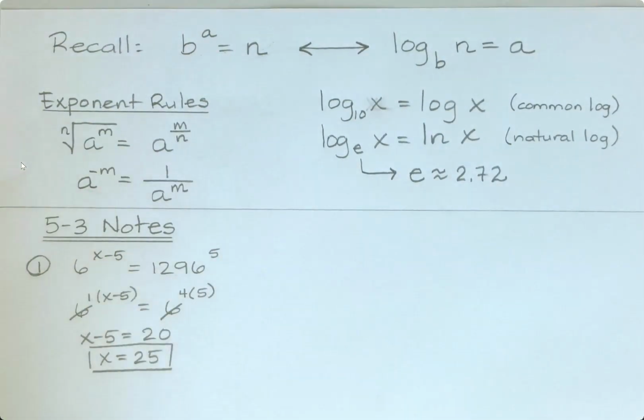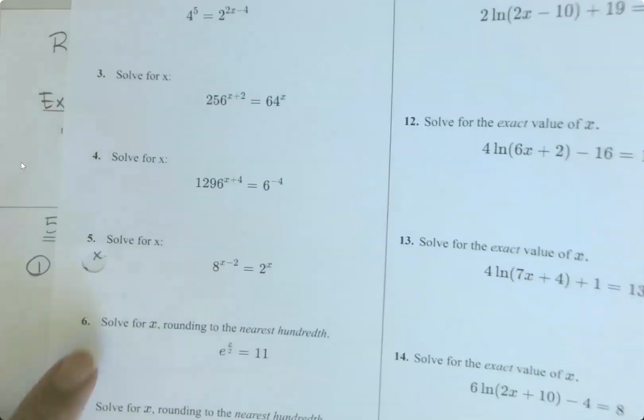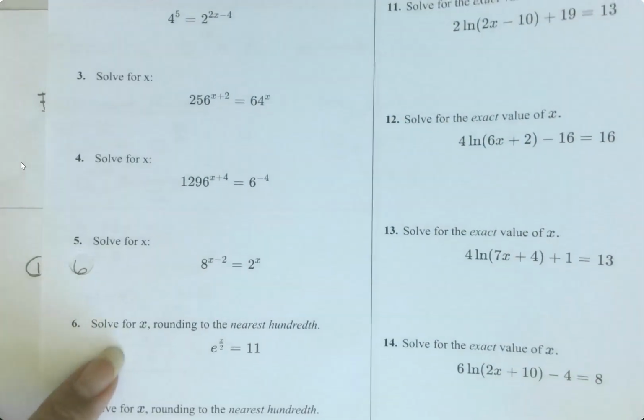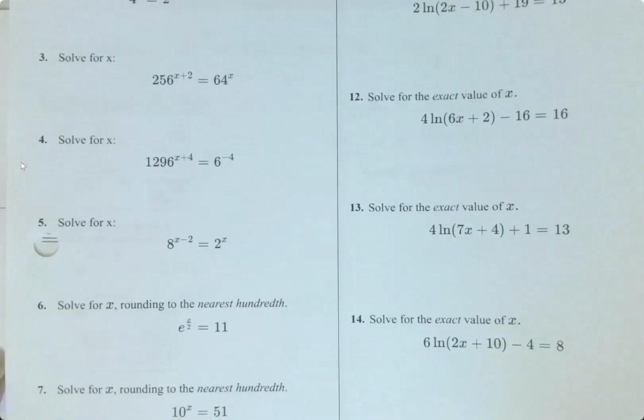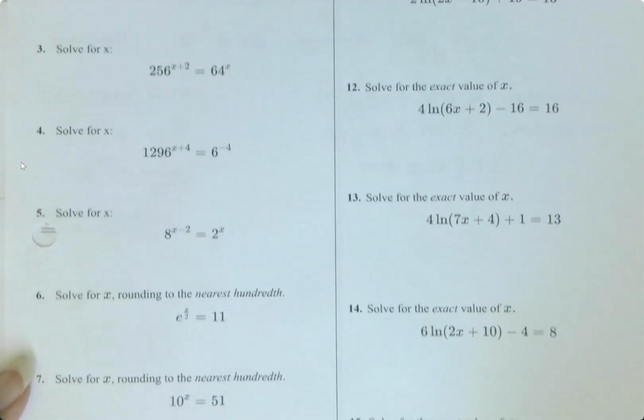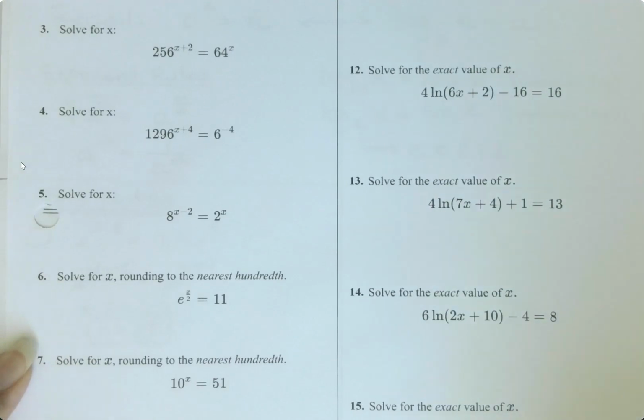So we are going to proceed by starting work on number 6. Number 6 is instructing us to solve for x by rounding to the nearest hundredth. Hundredth means 2 decimal places. And our problem is e to the x over 2 equals 11.